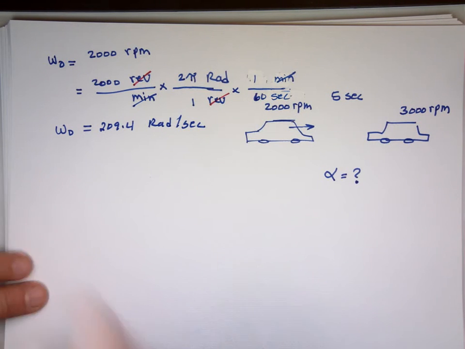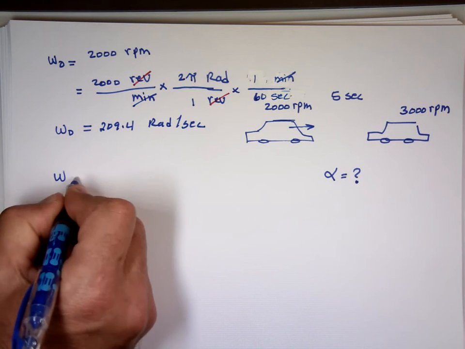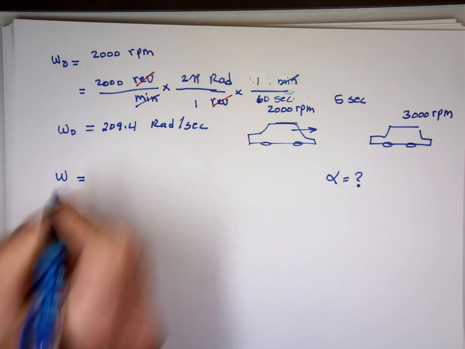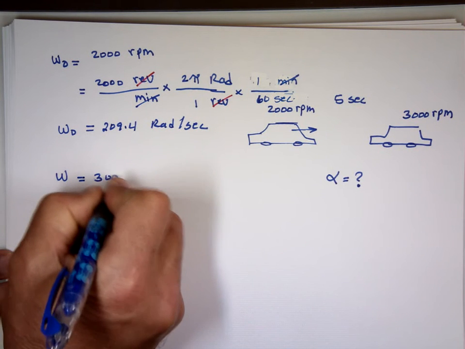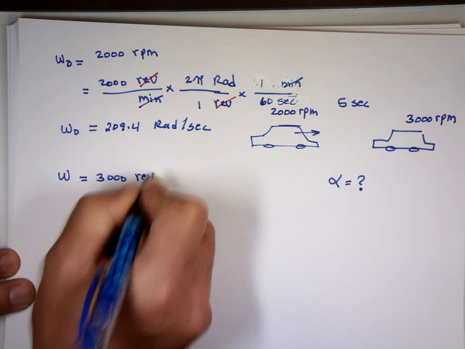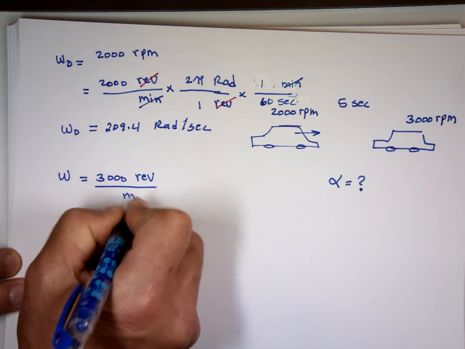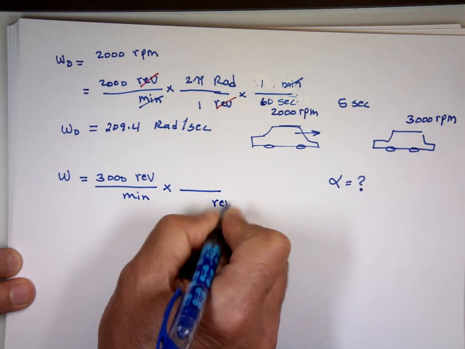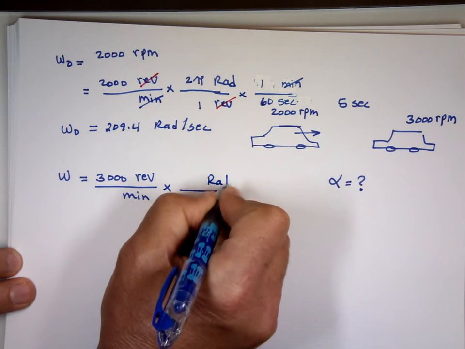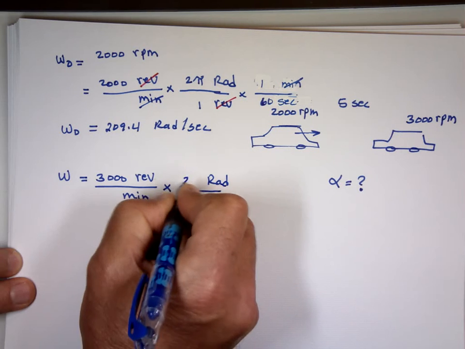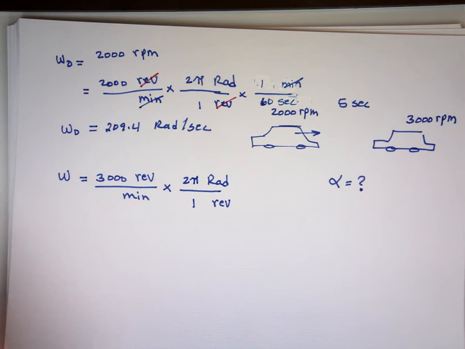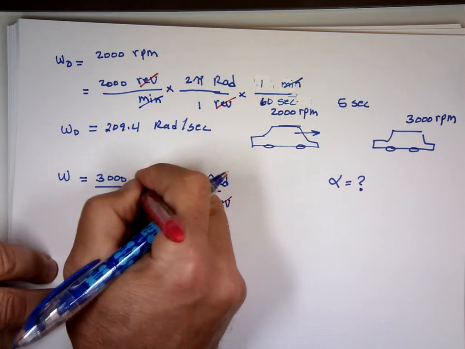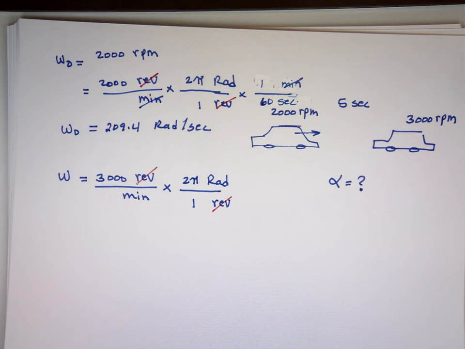Let's look at my final angular speed, 3,000 RPM, 3,000 rev per minute. Again, I want revolution on the bottom, radian on the top. One rev is 2 pi radians. Now I have radians per minute.